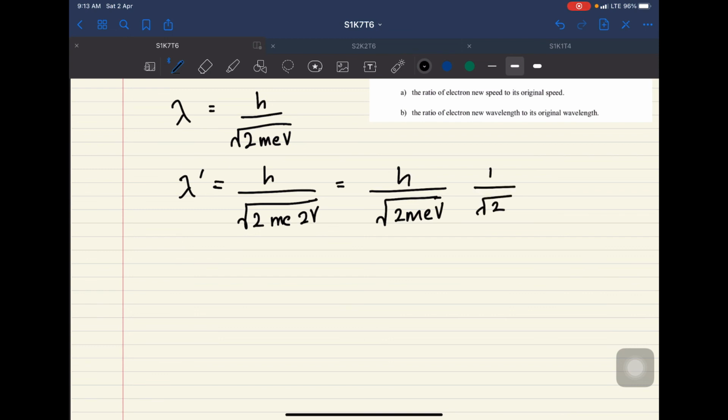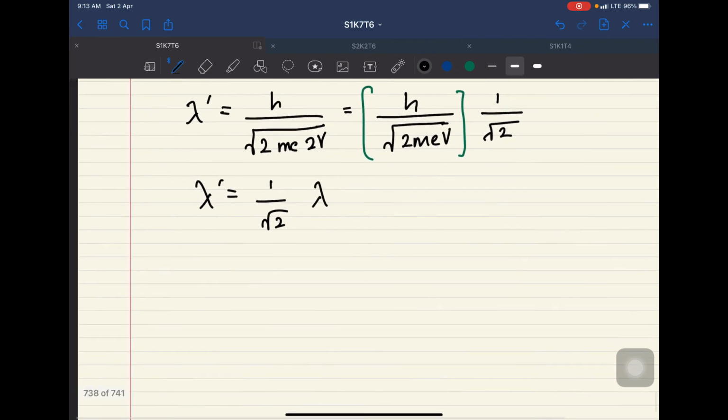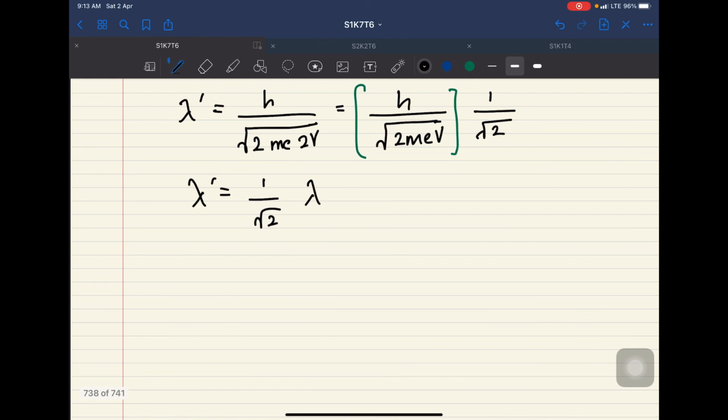Basically this is just the old lambda, which is that one. So new lambda is equal to 1 over square root of 2 times the old lambda. 1 divided by square root of 2 is 0.71. So the new over the old is 0.71. Again, there's no unit because this one is a ratio.